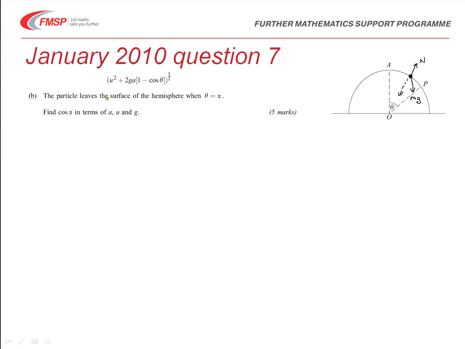So the component of the weight acting towards the centre, we know, is mg cos theta.